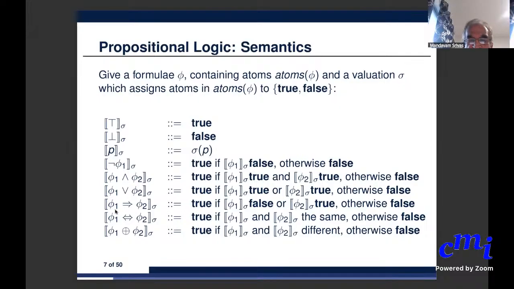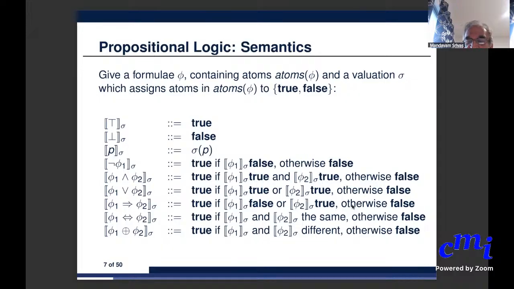If phi 1 is false, then it is vacuously true. That's the first case. The other case is when both are true. It is true if phi 1 evaluates to false, or it is whatever phi 2 is.